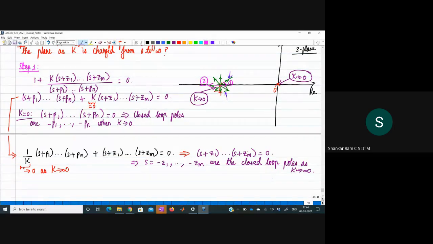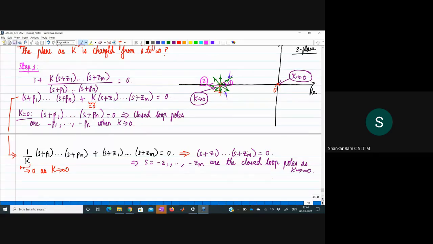Let me state the facts in sequence. Suppose we have a non-repeating pole on the real axis and we want to reason out in which direction the corresponding root locus branch will start. If it goes in any direction other than the real axis, we will have two branches starting from the same non-repeating open loop pole, which is not possible.